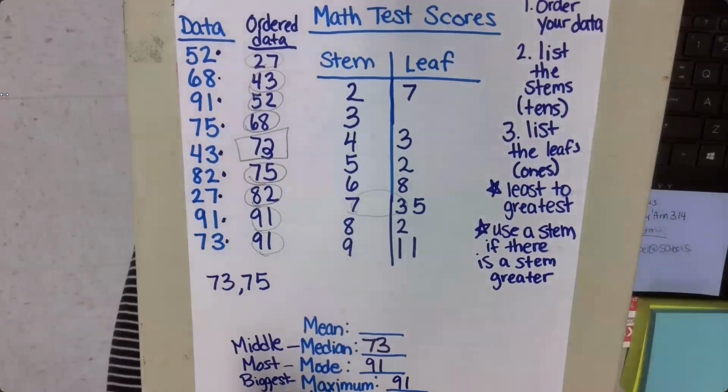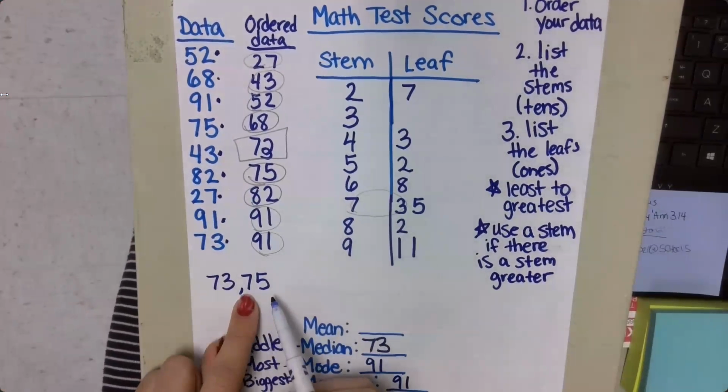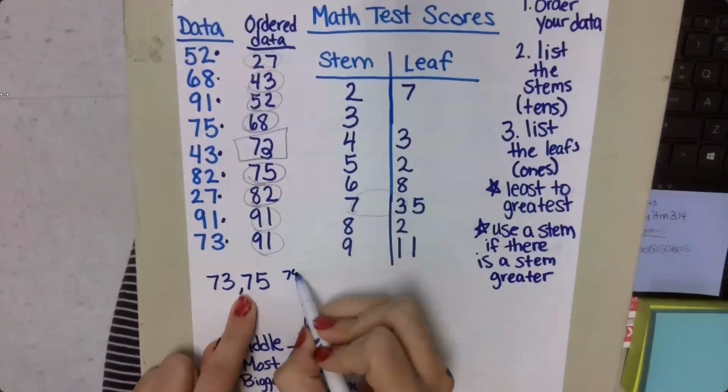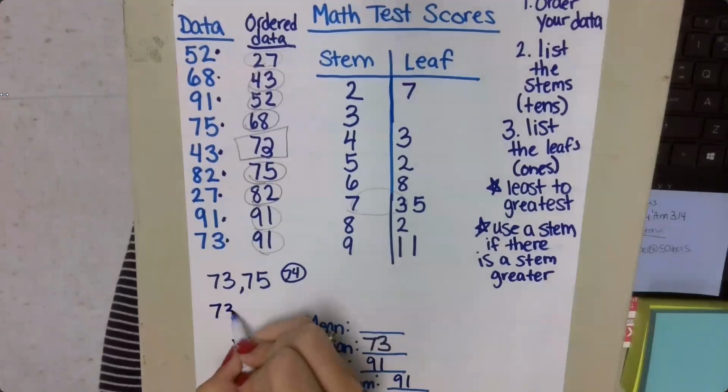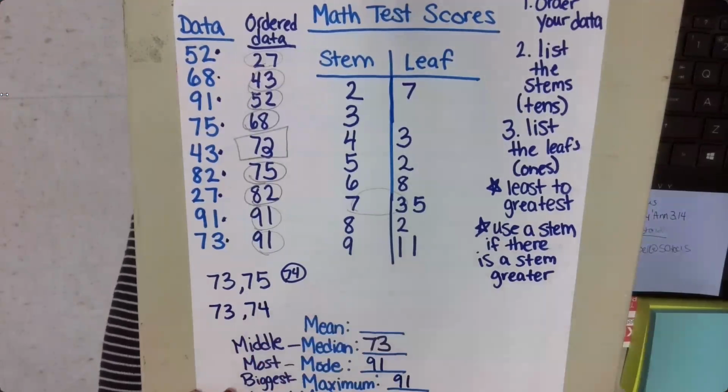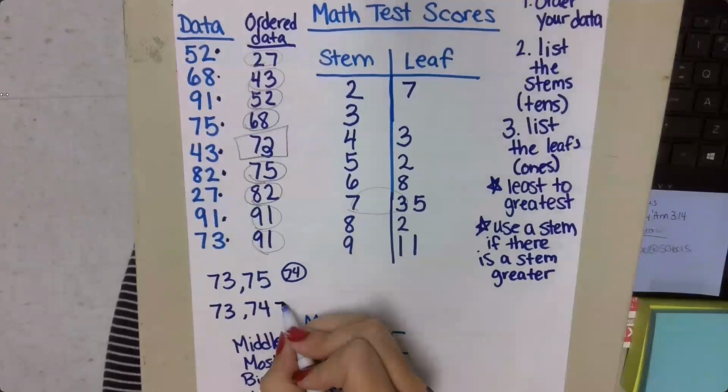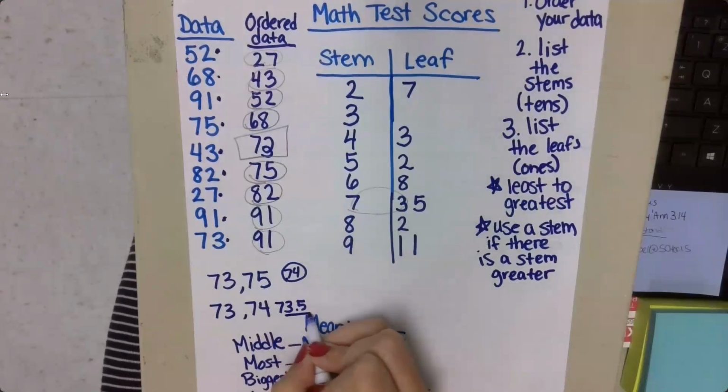What I would do is find what's exactly in the middle between them. Well, I know what's between 73 and 75, it would be 74. But if I had 73 and 74 as my 2 medians, then I would have to determine what's exactly between them, which would be 73.5.